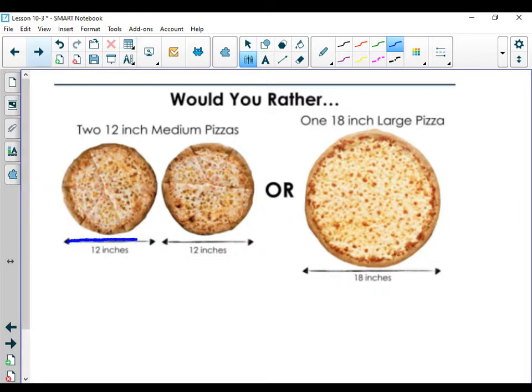Can you see how they're showing you all the way across, which would be the diameter. Do we want diameter for this? No. So the medium says 12 inches across. We should use 6. So basically you have 2 smaller circles and 1 bigger circle.